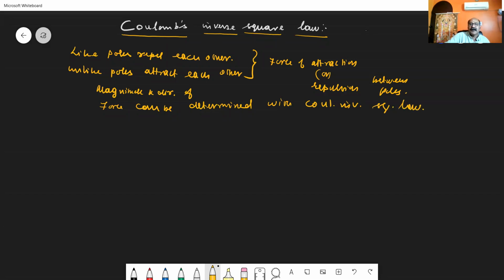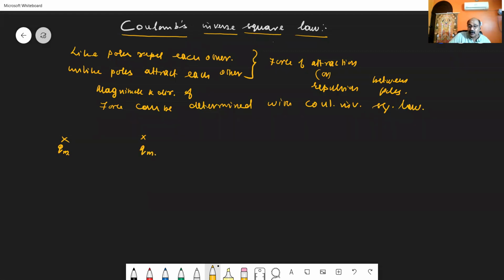So when you are considering this Coulomb's inverse square law, we can state it in such a way that if you have two pole strengths, one with a value Qm and another with a value Qm.